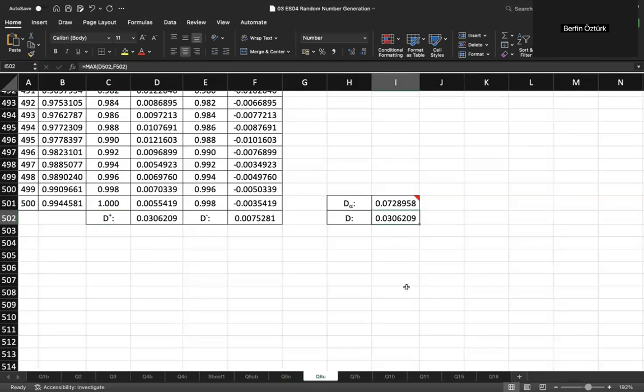And we are finding the critical value from the Kolmogorov-Smirnov critical values table, looking up the 0.01 value. In the Kolmogorov-Smirnov test, our degrees of freedom is n, which is the sample size.